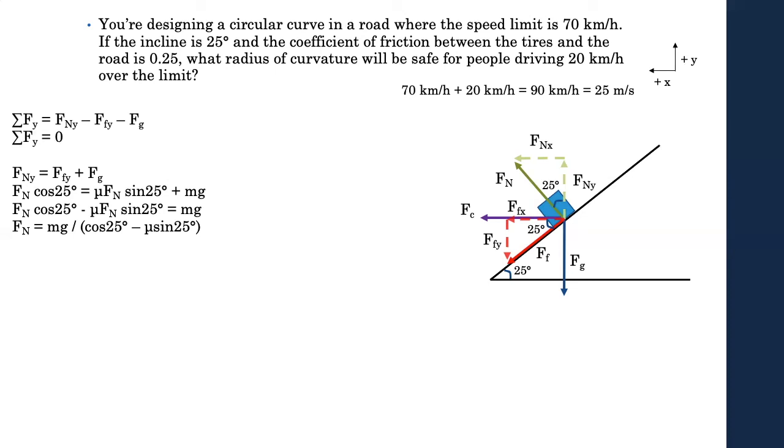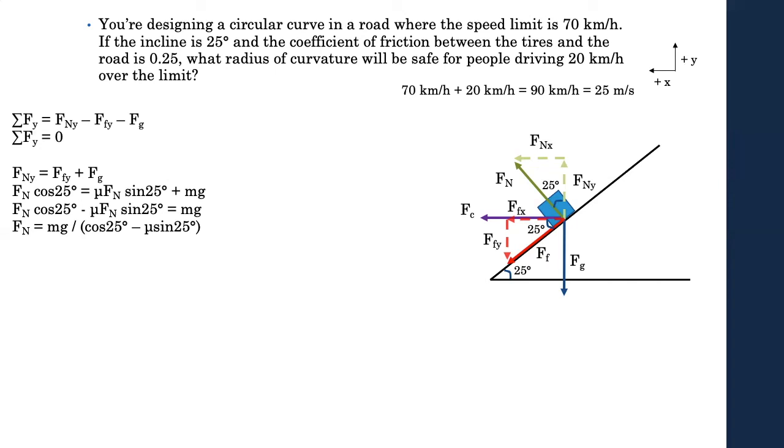We can't take this any further because what do you do with mass, right? I don't know. And it would be a useless venture if you did this calculation and determined the proper radius of curvature for one specific mass, right? So you want to make sure that it applies to all shapes and sizes on the road. So we're going to need to start looking at the x direction as well.